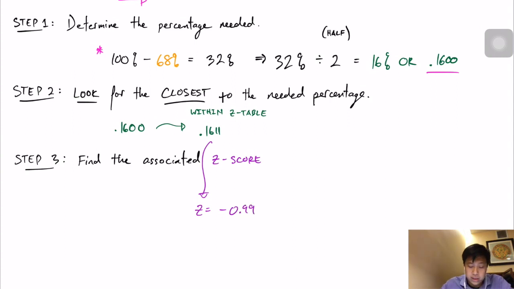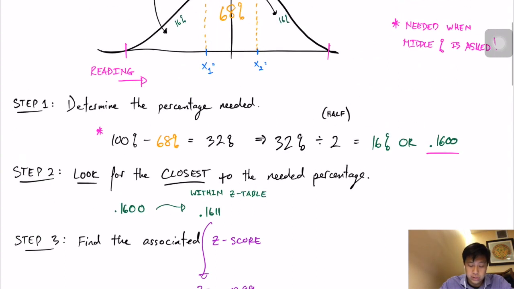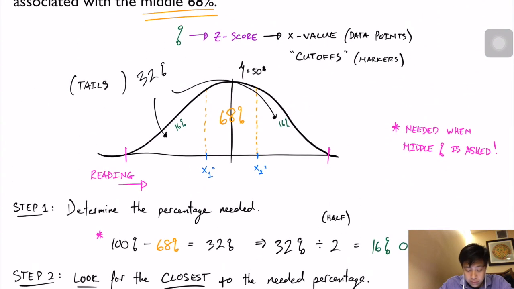Okay, let's scroll back up to our picture right here, just to look really quick. Again, there's 16% here, and we find out that the first Z-score we have is negative 0.99. Now, does this make sense? You have to ask yourself that as a self-check. And it does, for 2 reasons.